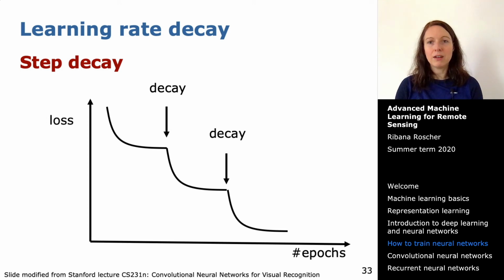You cannot reach a better optimum with a large learning rate, so you reduce it, so that you can settle down more in this optimum. This is exactly the effect which I showed you a few slides before, when you jump around from one side to the other side in the loss landscape.